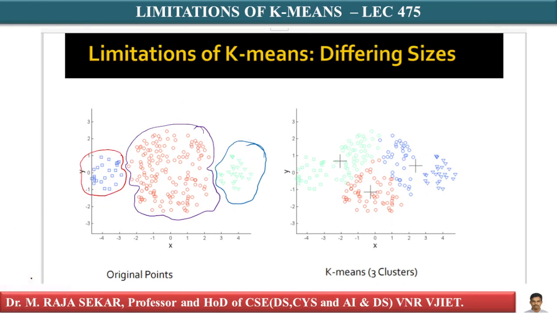What happens when we apply k-means with k equal to 3? What you end up getting is clusters like this.